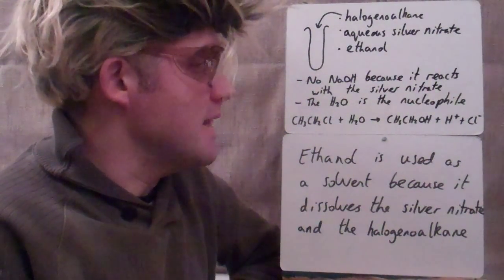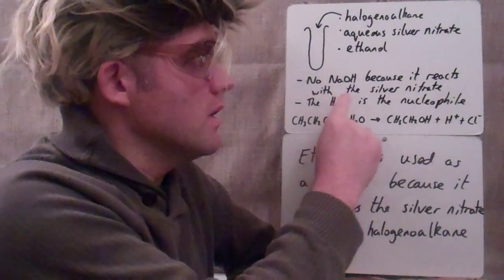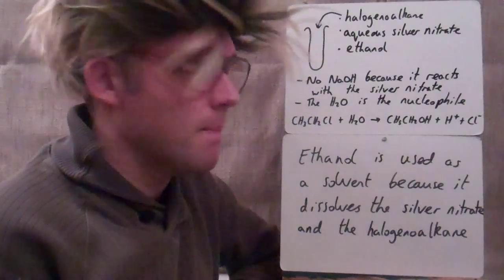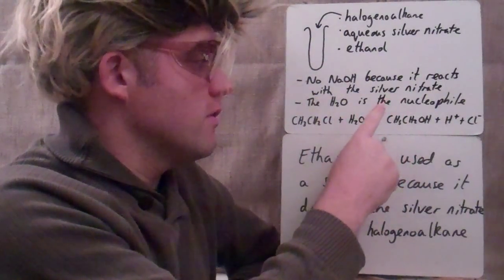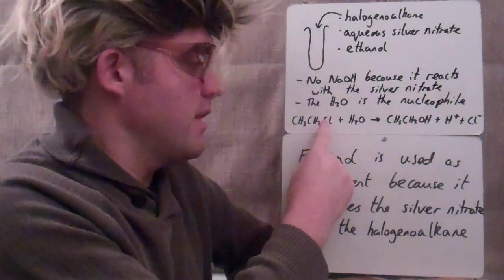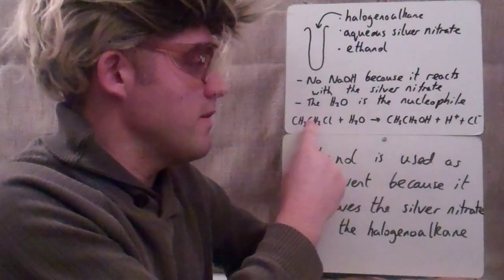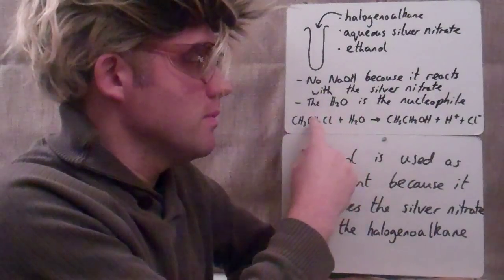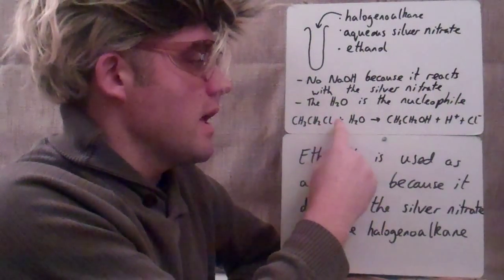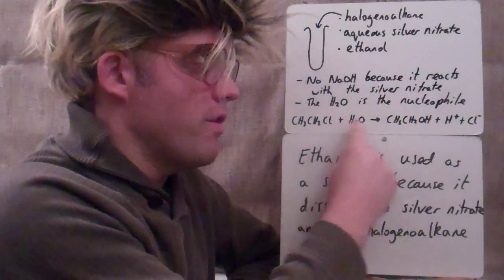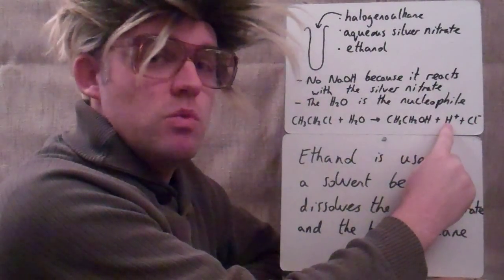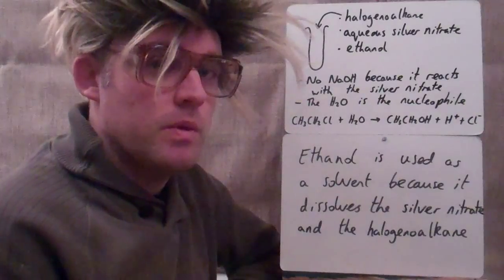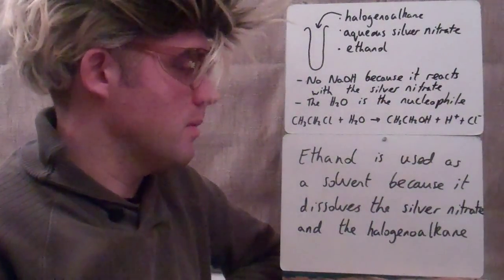So instead the nucleophile we're using is the water that's from the aqueous solution. Okay, that's our nucleophile. So it would react, in this case with chloroethane, in the same way. It's a nucleophilic substitution. Okay, it comes in here, it replaces the chlorine to make chloride. You get H plus as well, because that's come off from the water. So you're making ethanol. Okay? But we're not using sodium hydroxide.